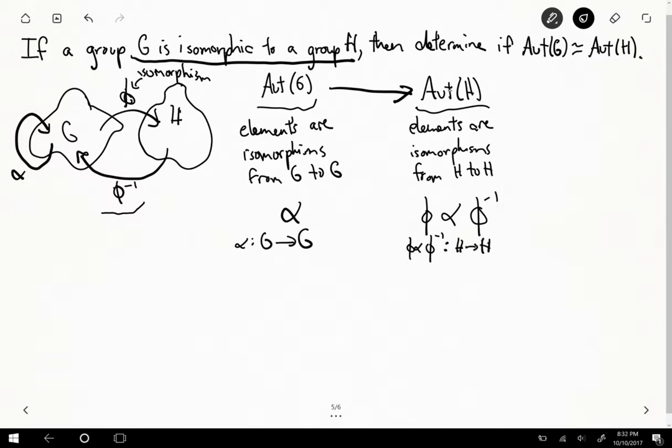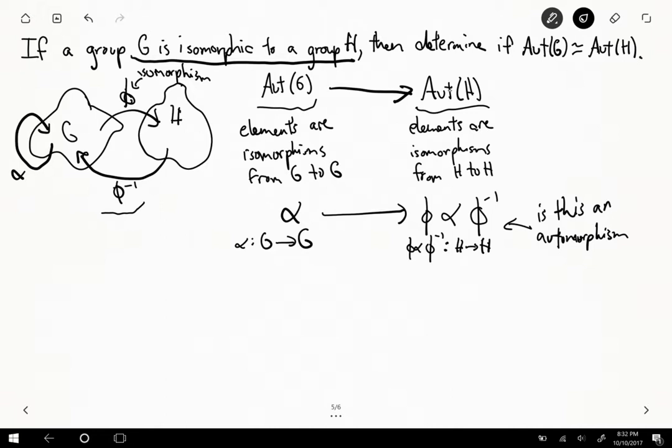So now we have to do a couple things. We need to show that this, so is this an automorphism? Well, in order to do that, we have to show that that's an automorphism, and we'll have to show that this map, so two parts.